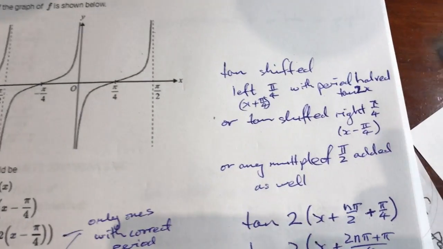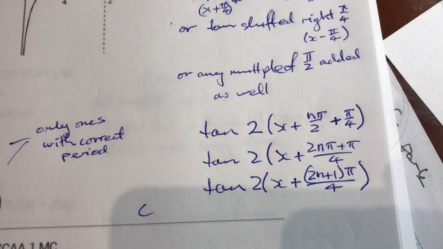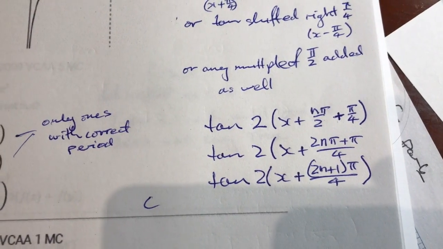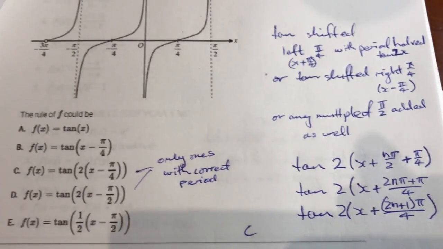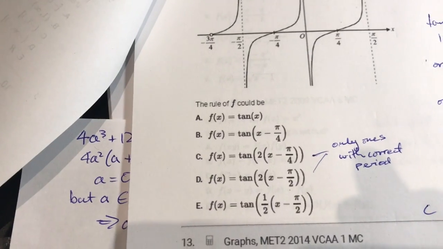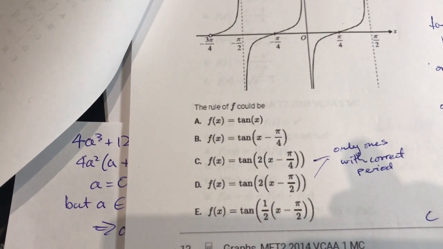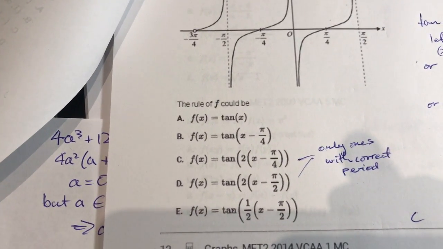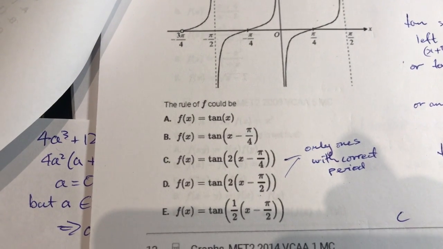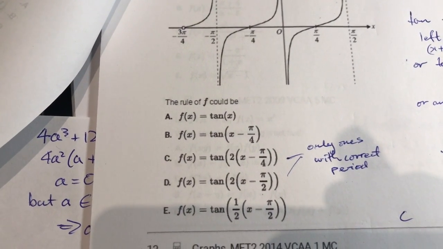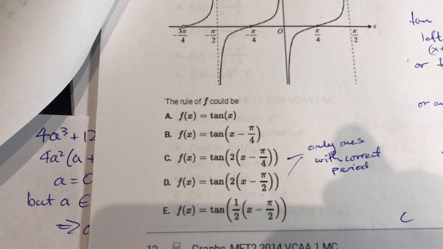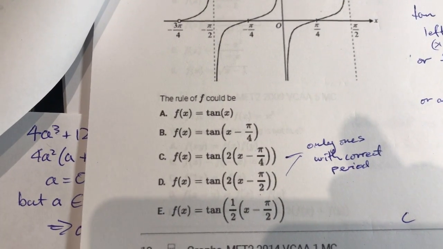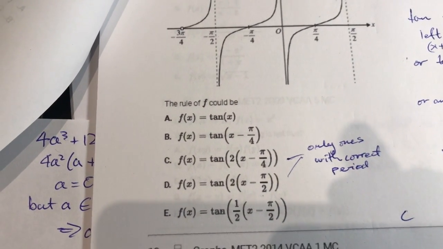So you can go through a more complicated version of all of that and look at a general solution to it. But realistically, there's only 2 answers with the correct period, C or D. One of them is a right shift of pi on 4, and one of them is a right shift of pi on 2, and it's the pi on 4 that we want, so the answer is C.